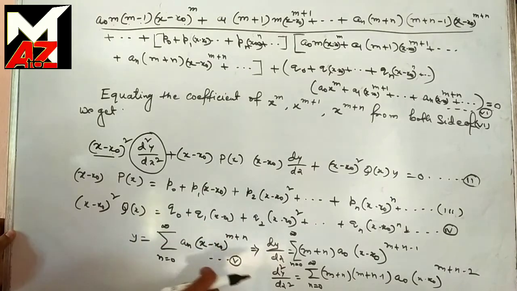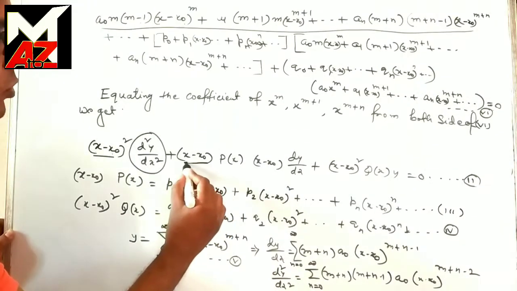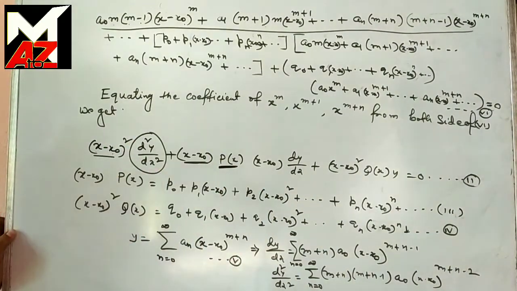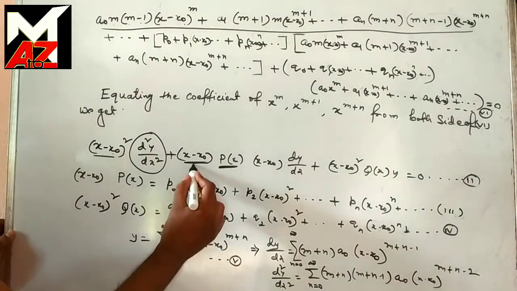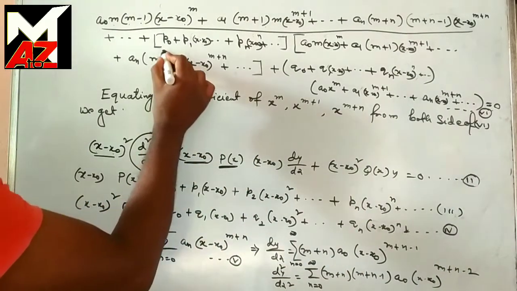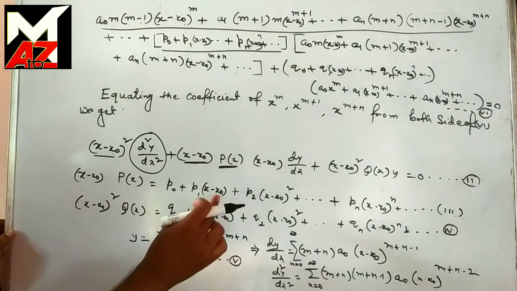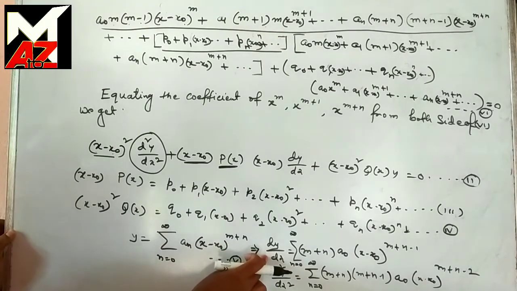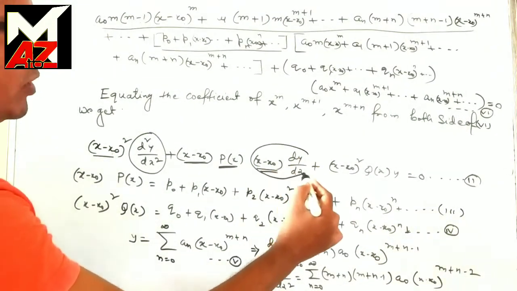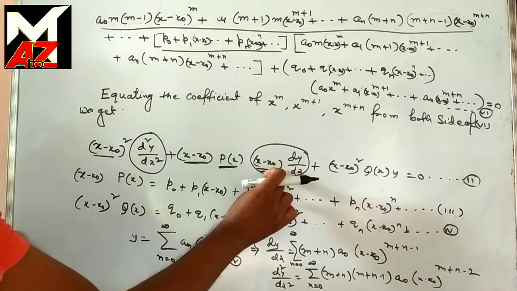Now we put the value of x minus x0 into p of x, that is from 3. Here we write x minus x0 into p of x, and we multiply dy by dx by x minus x0, then we get the value of x minus x0 into dy by dx, and this value is put in here.